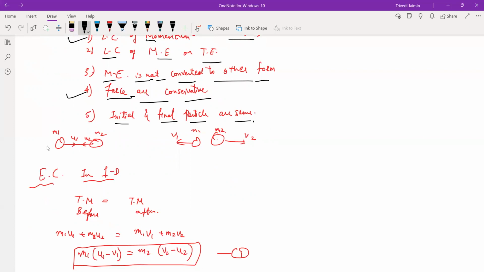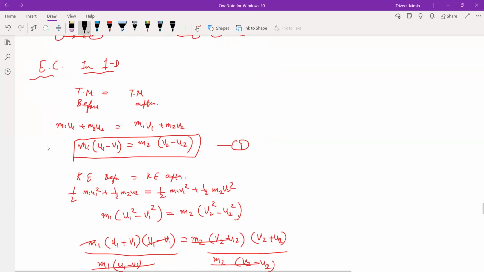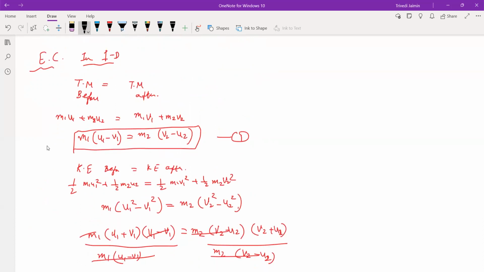Elastic collision in one dimension. So same thing we are doing again. Total momentum before, total momentum after. For total momentum, the formula we know: m1 u1 plus m2 u2 equals m1 v1 plus m2 v2.